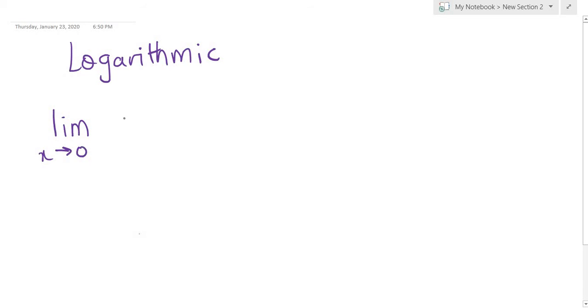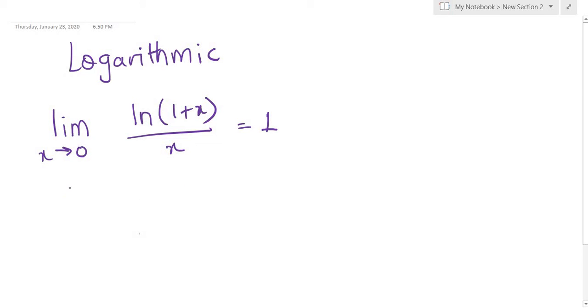So now we move on to limits on logarithmic functions. The first identity: the limit as x tends to 0 of the natural log of (1 plus x) all over x is just 1.